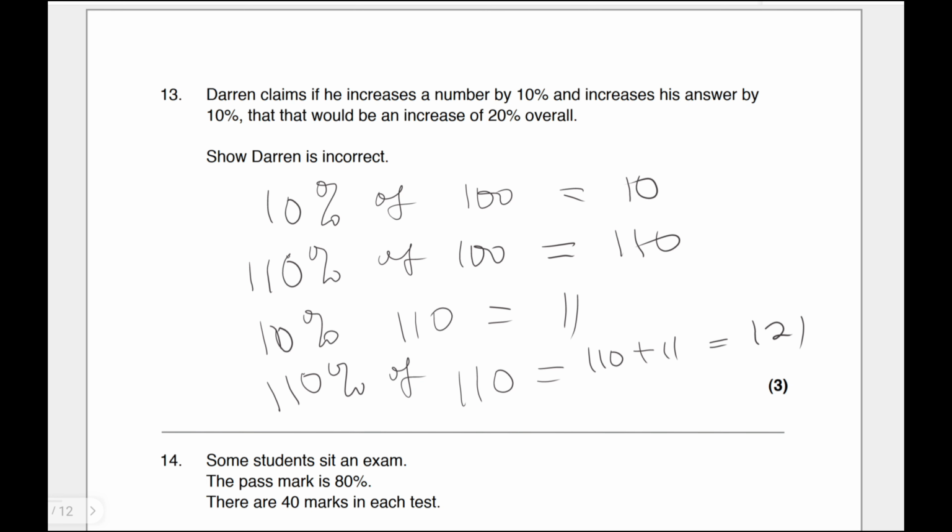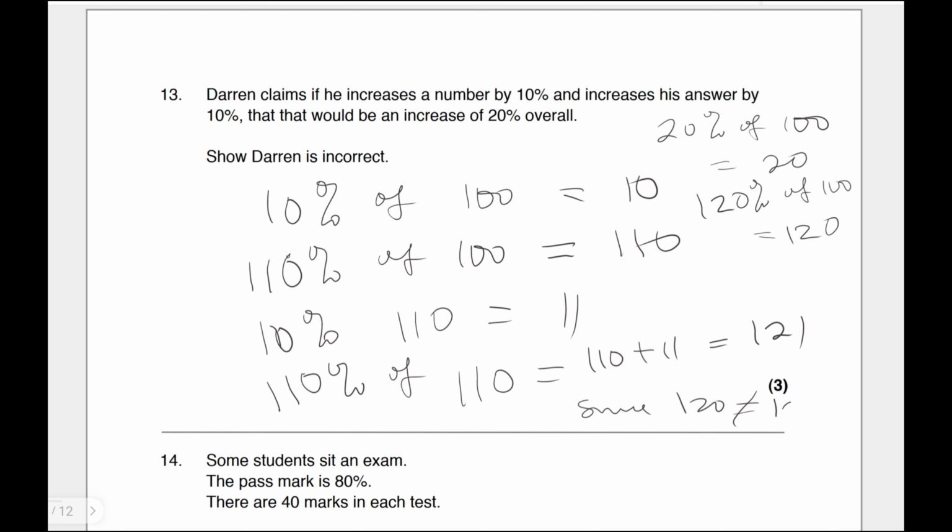Now, what will be 20% of 100? 20% of 100 is 20. That means 120% of 100 is equals to 120. So since 120 is not equals to 121, that implies that Therein is incorrect.